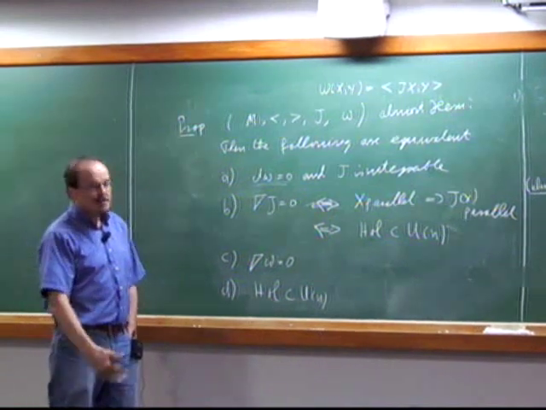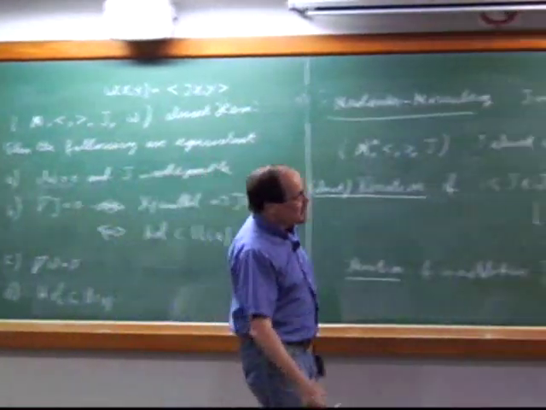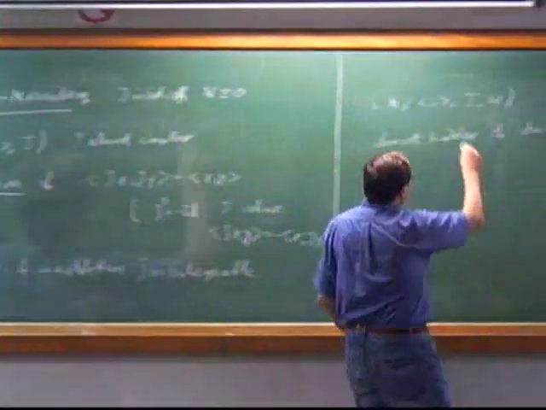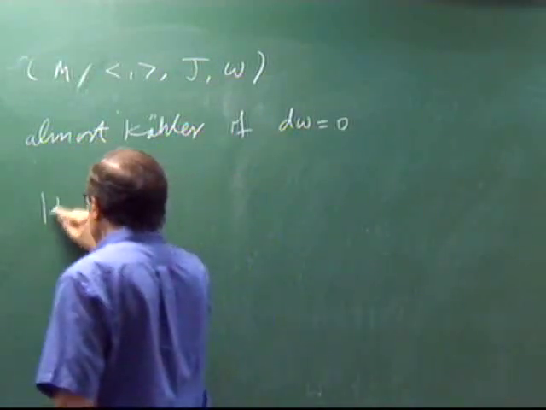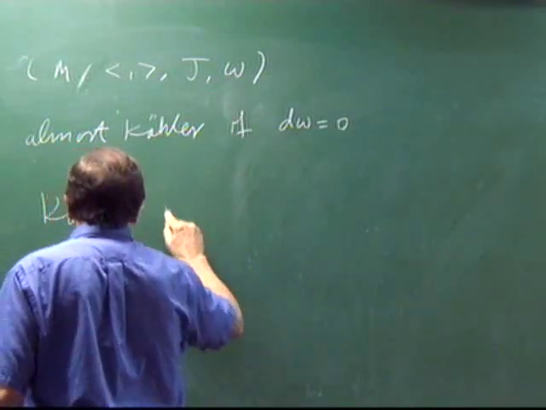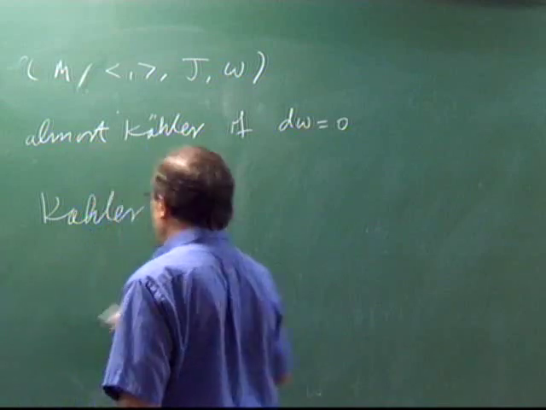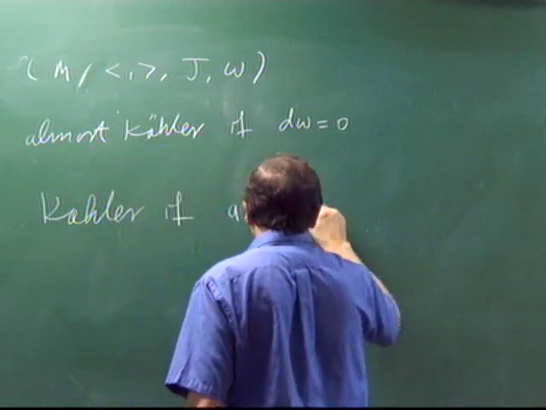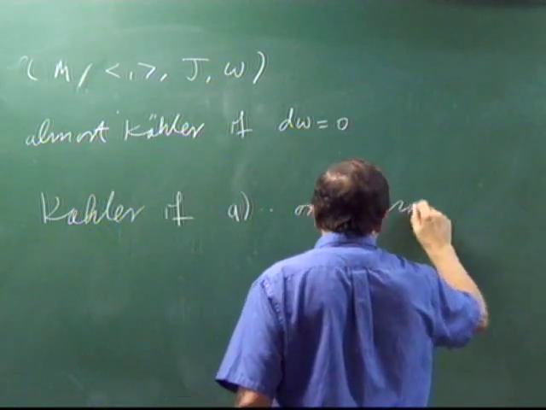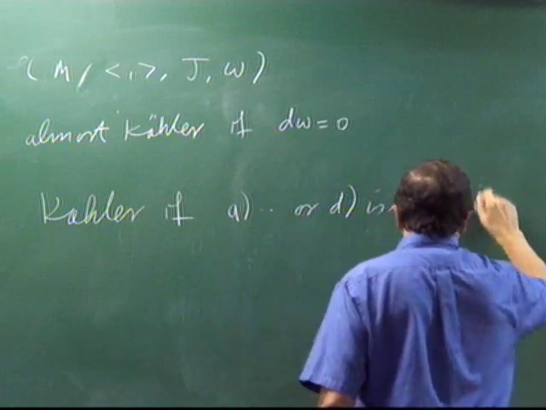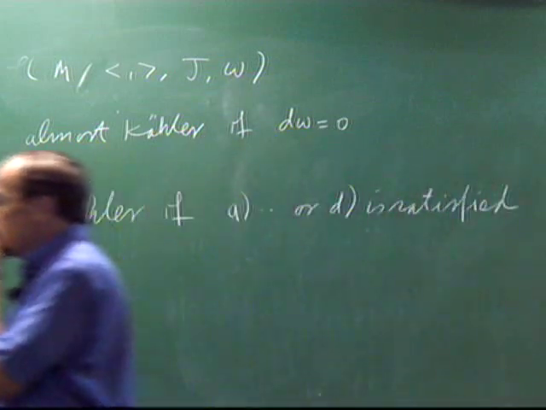That's why it's almost. So d omega is 0, but the underlying complex structure is not yet integrable. And you say it's scalar if any of A or D is satisfied. So any of these conditions says it's scalar.